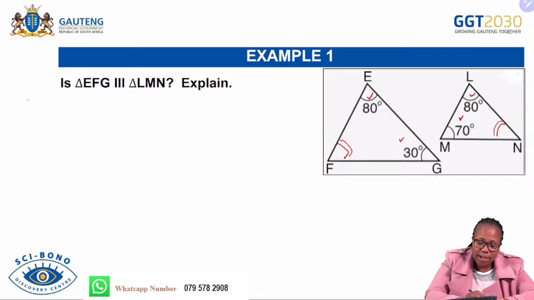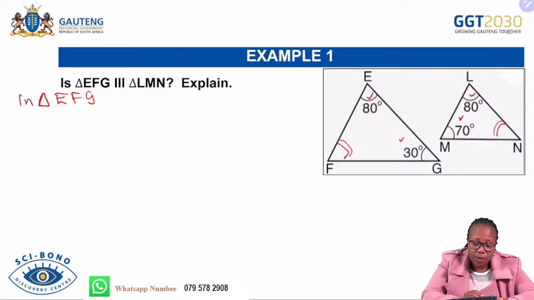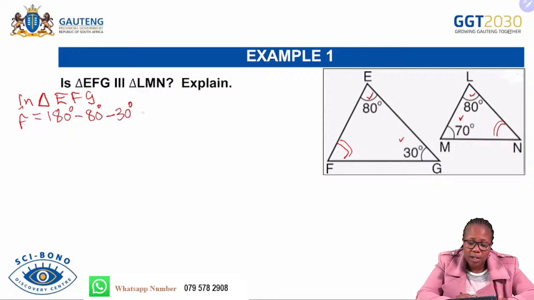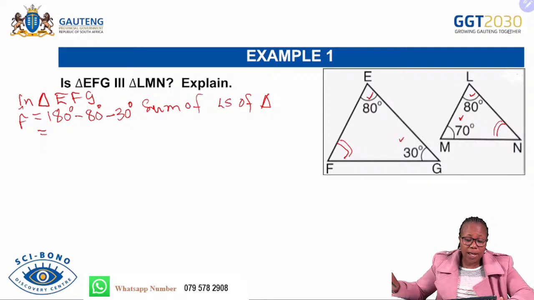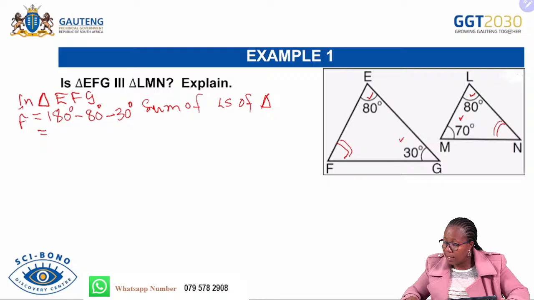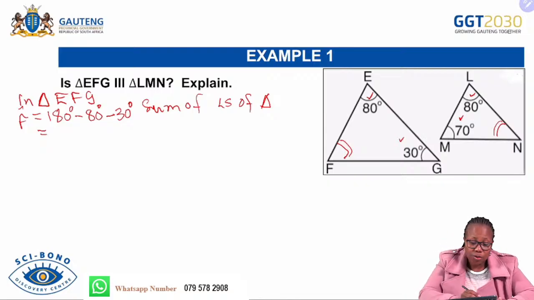And then in triangle EFG, angle F will be the sum of angles of a triangle, which is 180, and then we subtract the given angles, minus 80 degrees, minus 30 degrees. Why? Because of the sum of angles of a triangle. And then this will give us how much? That means we have 70 degrees as the value of that particular angle.